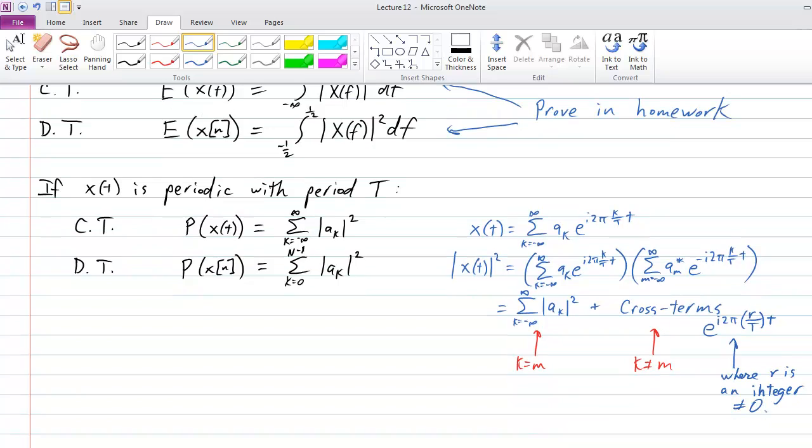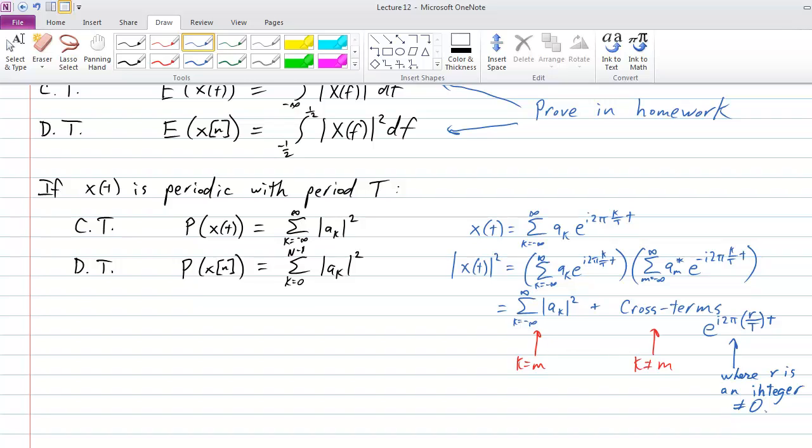Okay, now what we find is that when you do the integral of this, to calculate power, you integrate this and normalize. And you only need to integrate over one period. But when you integrate any of these, you get 0. So the cross terms do not contribute to the power. This comes from the fact that these signals are orthogonal to each other.